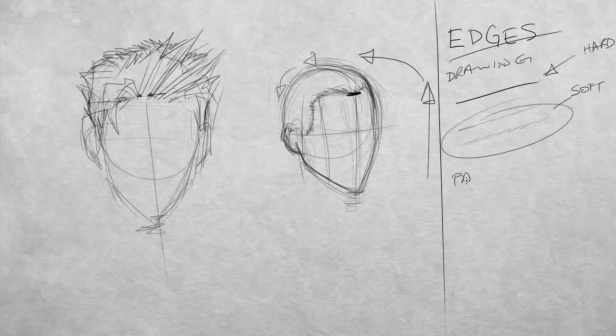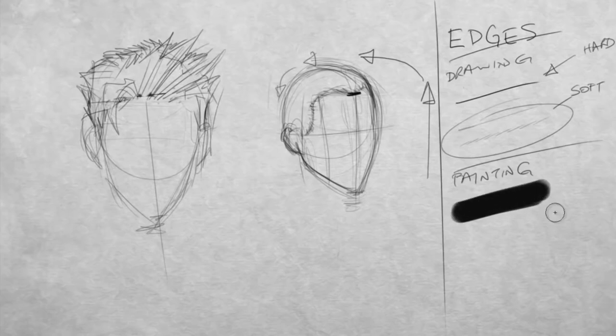In painting, a hard edge is going to be something like this, where, let's say, these are my 2 colors. Where these 2 meet, right here, that's a hard edge.